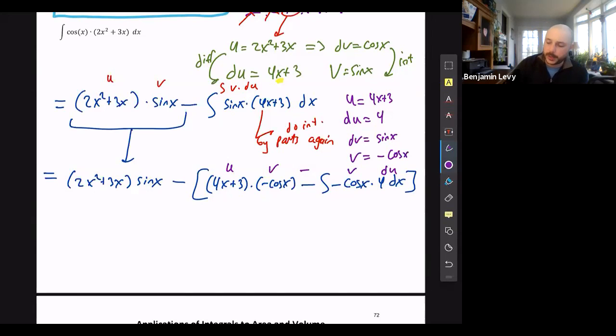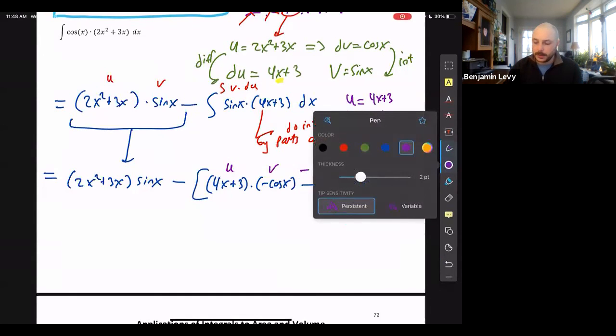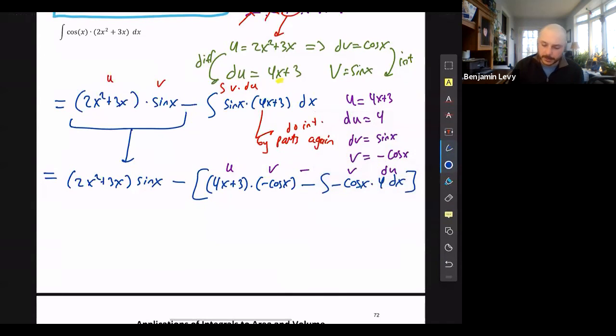The point here is notice how this thing we ended up with, cosine x times 4, is super easy to do, right? It's a constant multiple times the integral. I'll simplify it just to show you that, writing the next line now.